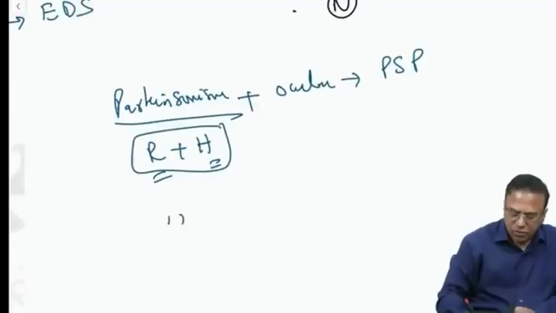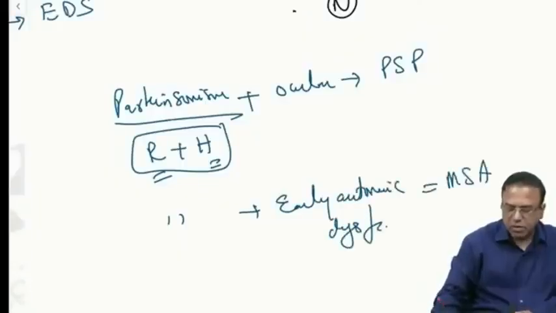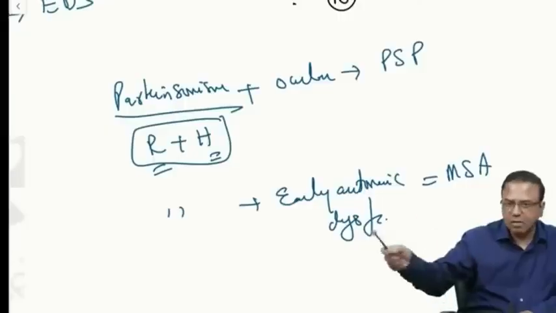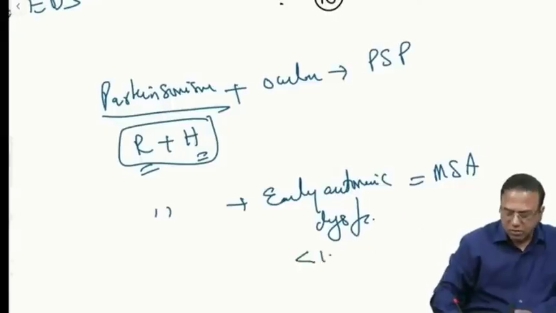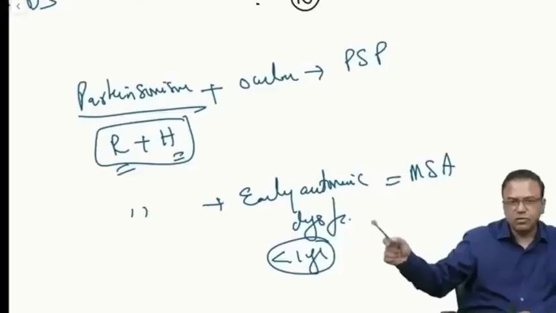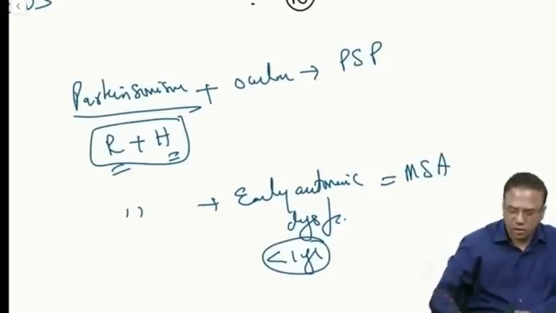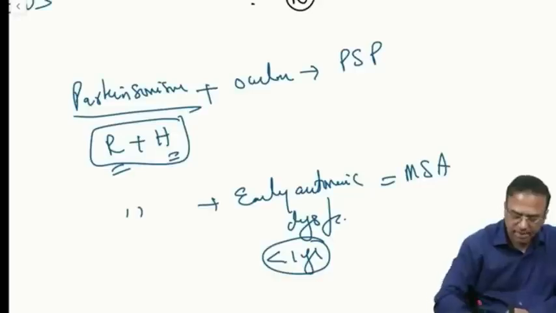If you get Parkinsonism and you get early autonomic dysfunction, that is multiple system atrophy. Early means what? Even Parkinson's will have autonomic dysfunction, but it should occur within 1 year of diagnosing Parkinson's. So within a year of Parkinsonism, if autonomic dysfunction, severe orthostatic hypotension occurs, this is autonomic dysfunction.